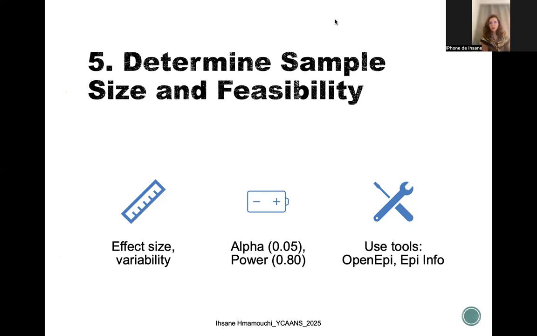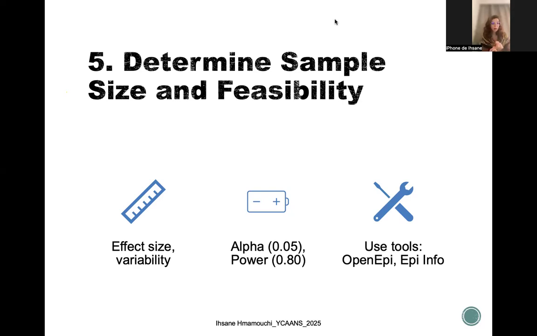So this question is very repetitive and it's fundamental. It's about the sample size of your study. A good study needs to have enough power to detect a real difference. And to have this sample size, it depends on 3 parameters. The first one is the effect size you expect.